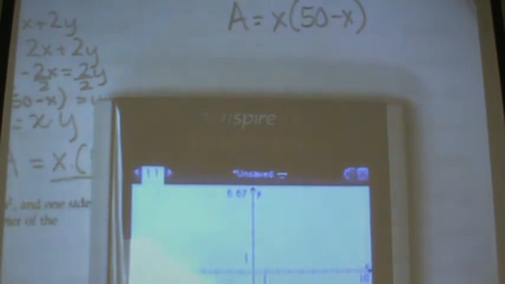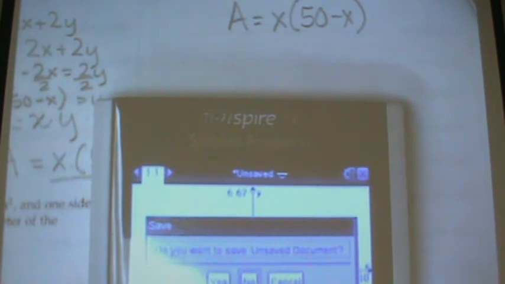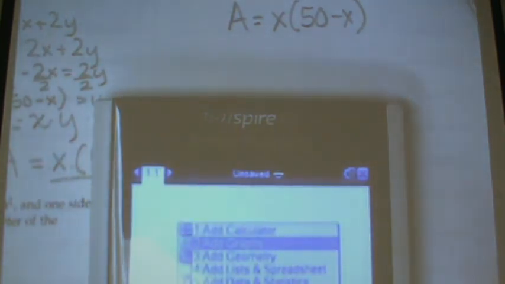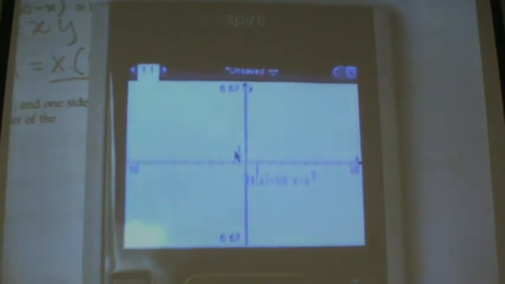Now you may have to write it out. Did anyone try typing it as 50x minus x squared? Okay, now, do you see something weird? It looks almost like a line. You're going to zoom out.